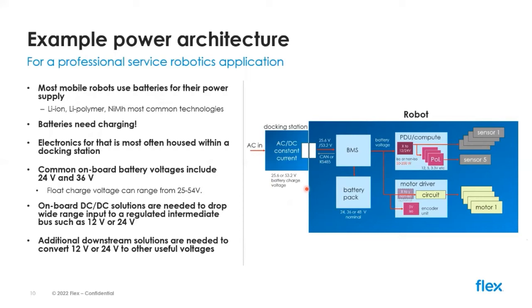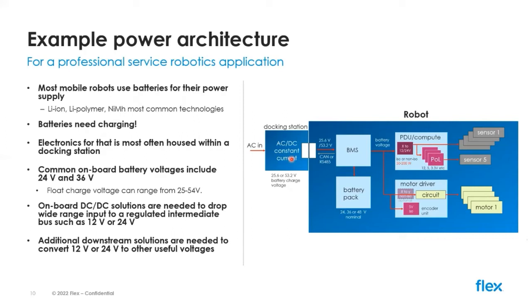These robots will have battery packs, which will typically be lithium ion, lithium polymer, or nickel metal hydride. They're the most common technologies. And obviously they need charging. That typically would be at the docking station, where the robot, after being told by the monitoring circuitry that the batteries are running low, needs to go back and dock for charging.